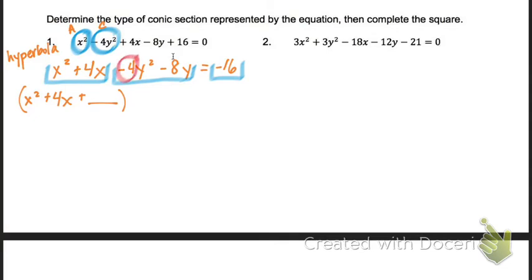It's negative 4, so I need to pull the negative 4 out and then write what I have left over. So y squared, then what would be next? If I pull a negative 4 out of this negative 8, what happens? Plus 2y plus blank equals negative 16 plus blank plus blank. I've got 2 blanks now.